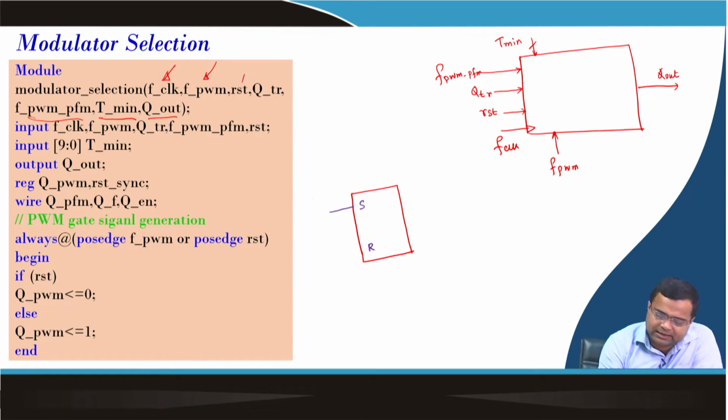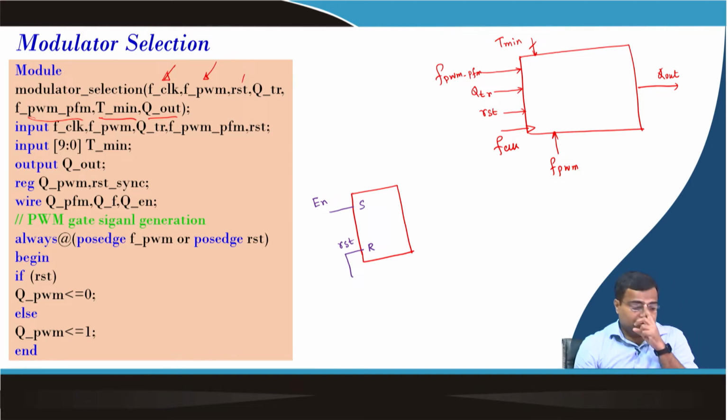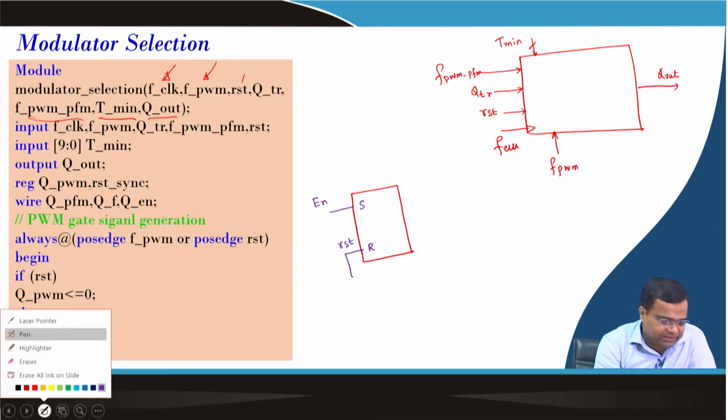What is set? An enabling signal is coming, and we will discuss how to generate this enable signal, and this is a reset pulse. Typically, it should come from, that means, in PWM, okay. So, there are two functions here.